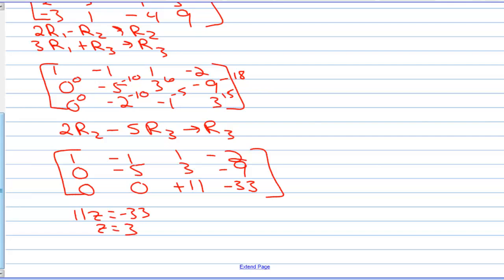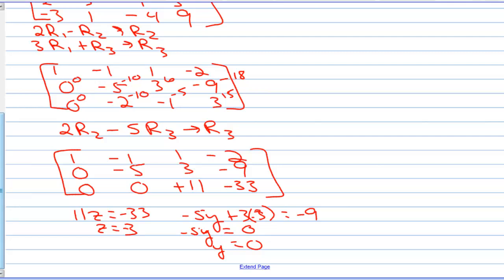z equals negative 3. Negative 5y plus 3 times z, which is negative 3. Oh no, negative 3. I almost lost a negative. Negative 3 times 3 is negative 9. So negative 5y is equal to 0. Y equals 0, because you would add 9 to both sides, that would give you a 0.